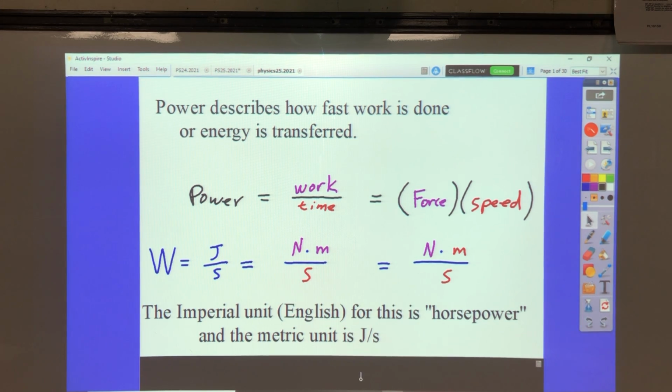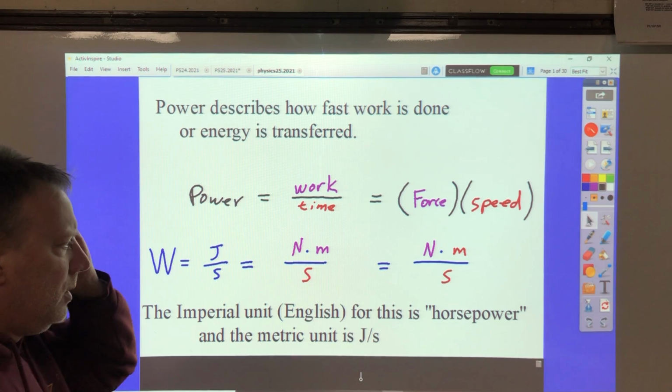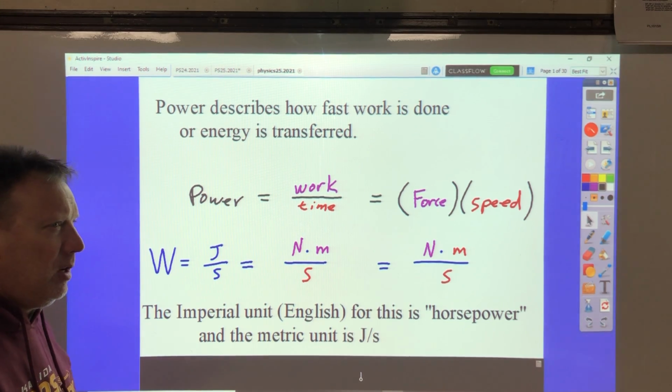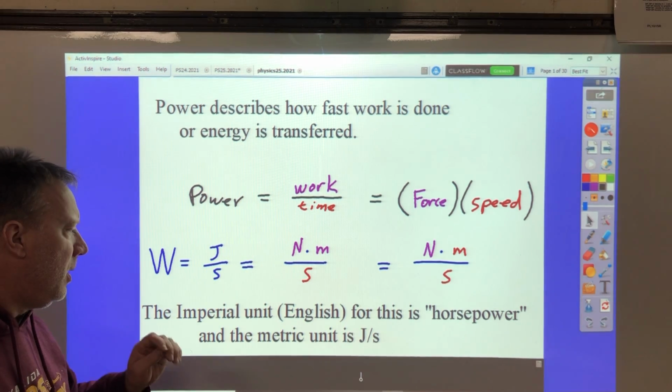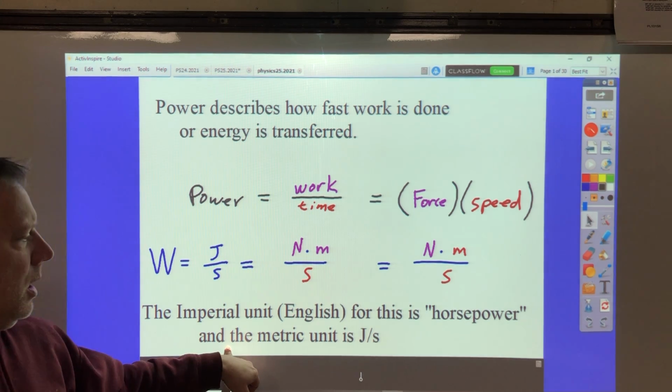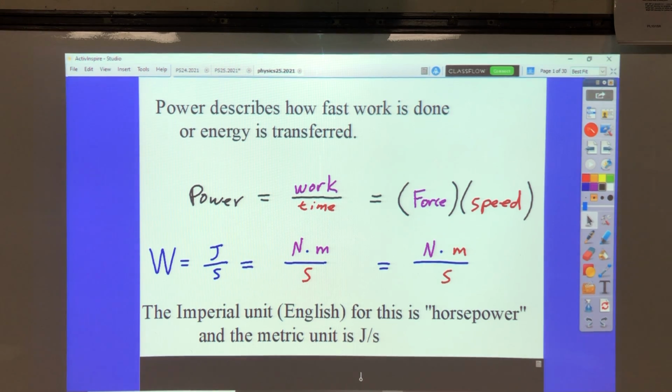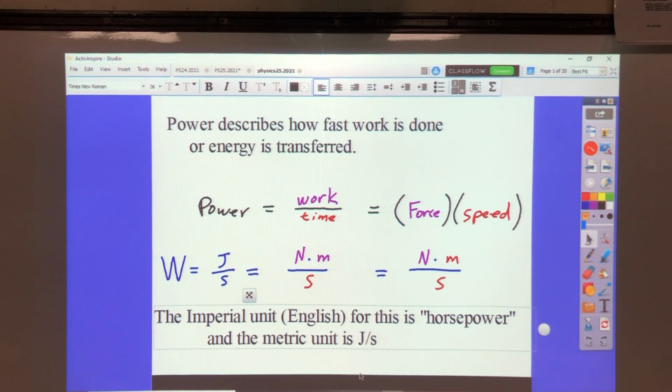So the imperial English unit for power is horsepower. I think there's 746 watts in a horsepower. And the metric unit is joules per second, and it should say or watts. Let me put watts in there.